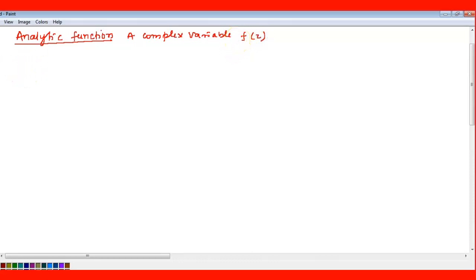You can also write it like this: w is equal to f of z. In f of z there will be a real part u, which is in terms of x and y, plus i v, and that v will also be in terms of x and y, right? This is the complex variable function.